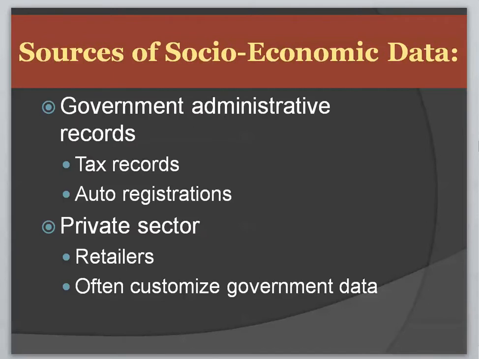Now, when it comes to government administrative records, here's where quite often they draw the line, and that is if you ask for tax records, auto registrations. I mean, this is stuff that you cringe that some stranger would have access to. The way they get around that is that they aggregate the data, they take out your name and anything identifying you.